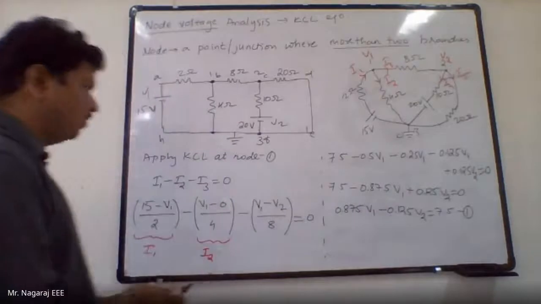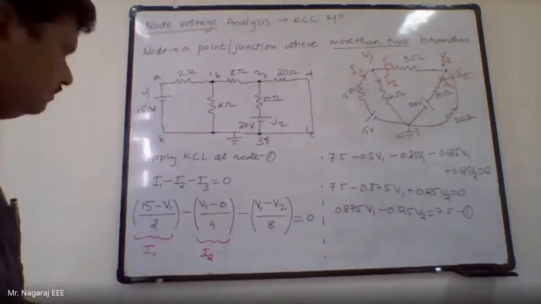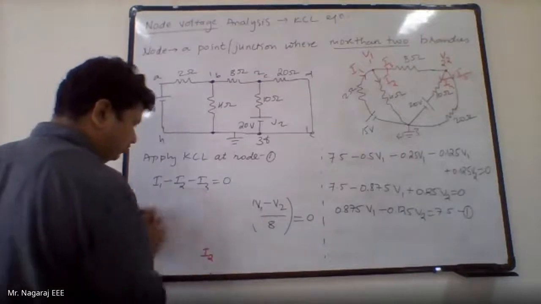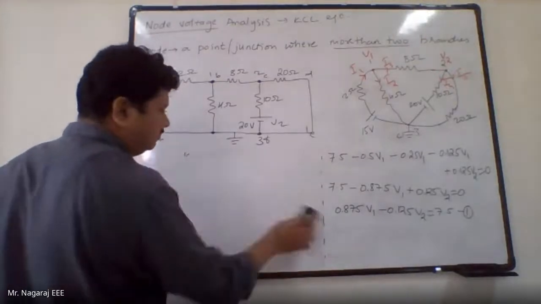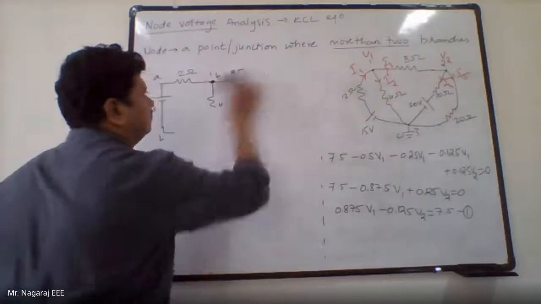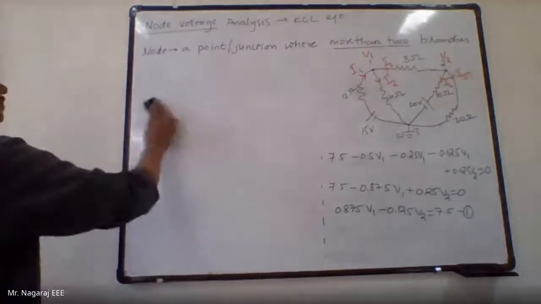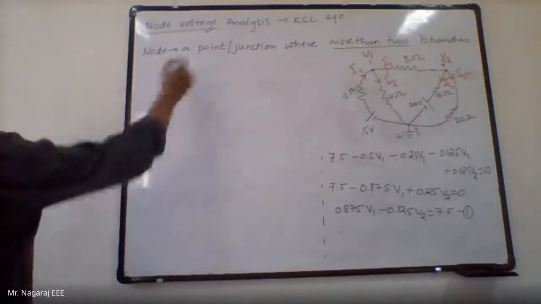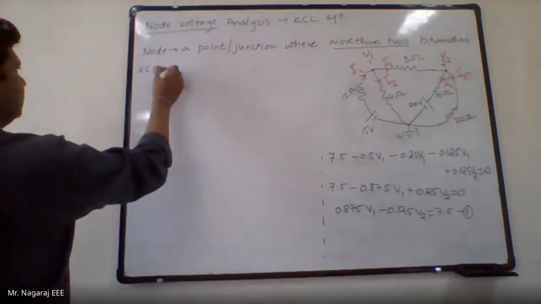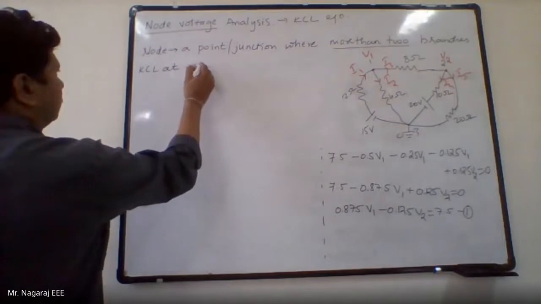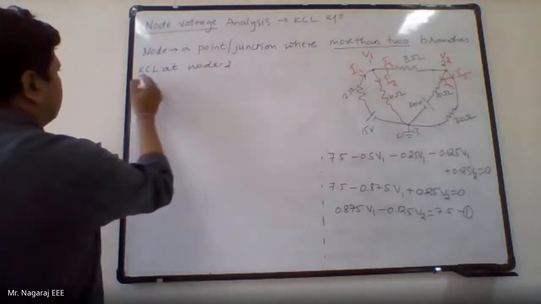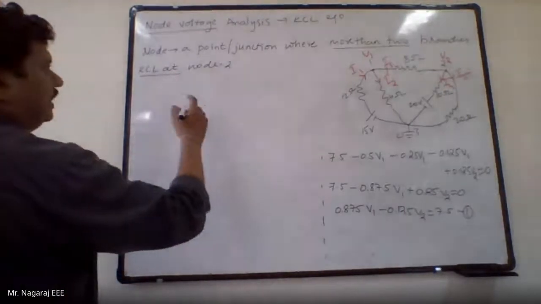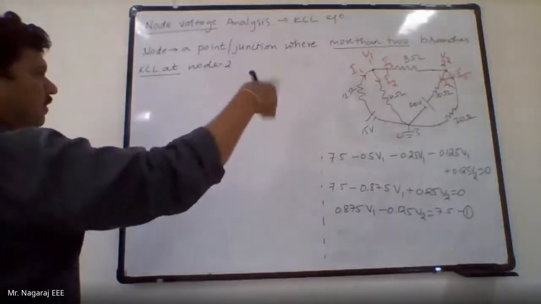Now apply KCL at node 2. So I3 is current entering, I4 and I5 are leaving.